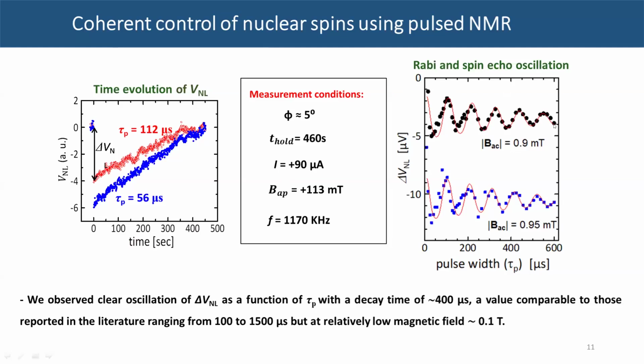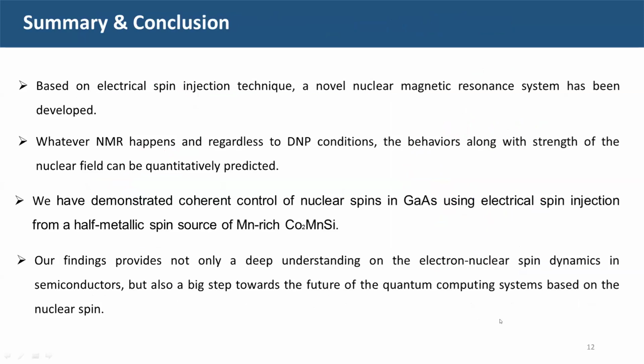This is rapid oscillation, and as I said, we have this microsecond timescale, maybe comparable to literature, but the most important thing is we can get this at 0 Tesla, which is very good for application. So this is my conclusion. I think now I'm running out of time, and please give me your questions.